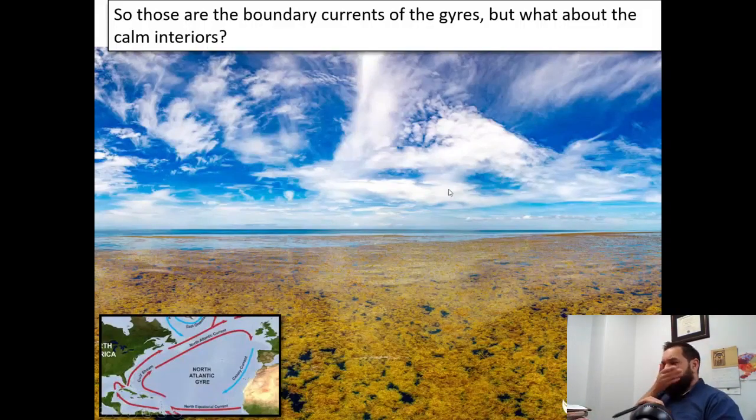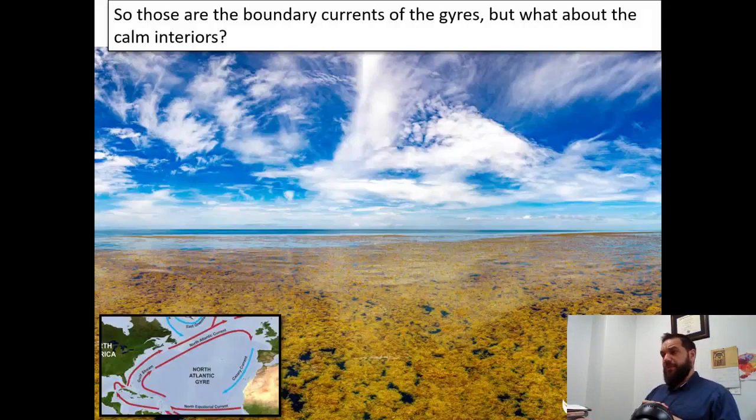All right, so we've talked a lot about the boundary currents of the gyres, but I want to move on now to what it's like on the inside of the gyre. So if you go to the inside of the gyre, what do you have? You don't have a lot of water movement. So you have these relatively calm interiors.